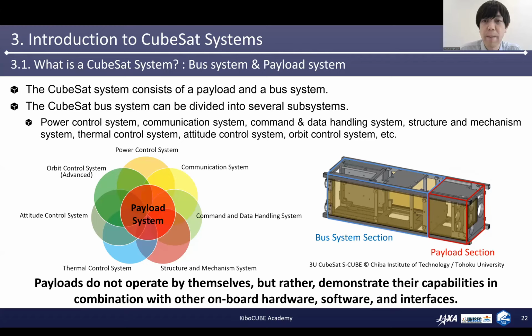For example, power control system, communication system, command and data handling system, structure and mechanism system, thermal control system, attitude control system, orbit control system, etc. Payloads do not operate by themselves, but rather demonstrate their capabilities in combination with other onboard hardware, software, and interfaces.